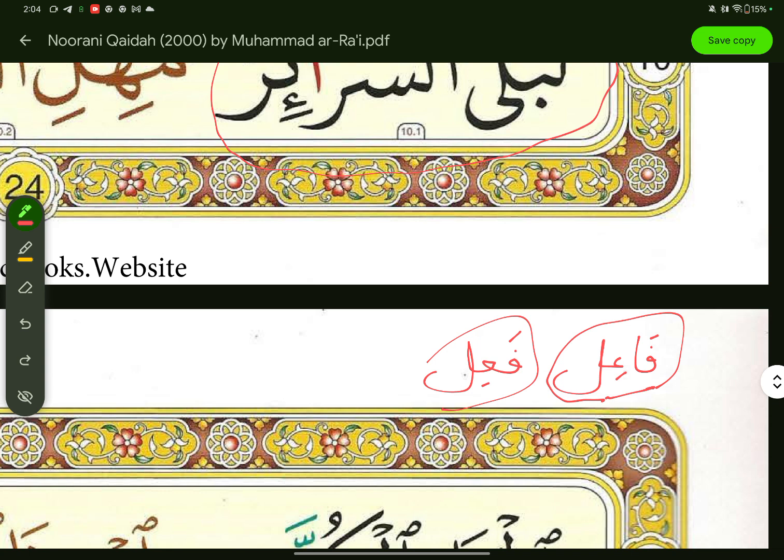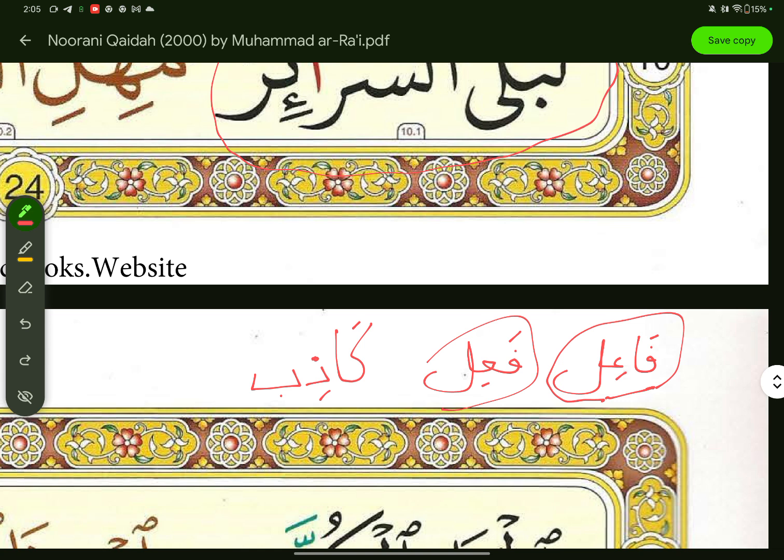So for example, our next word is like this one here. The word kadhib. Kadhib is a person who lies. There's a liar, right?